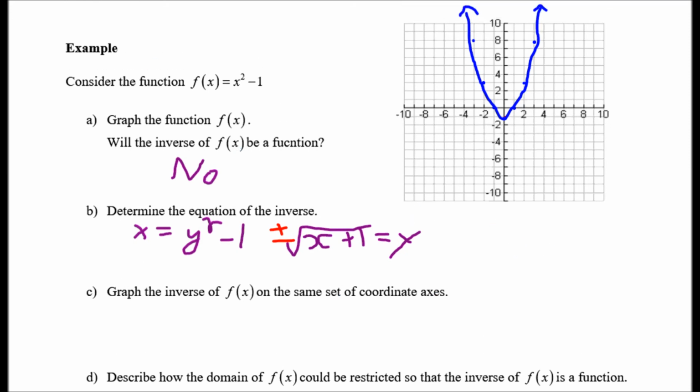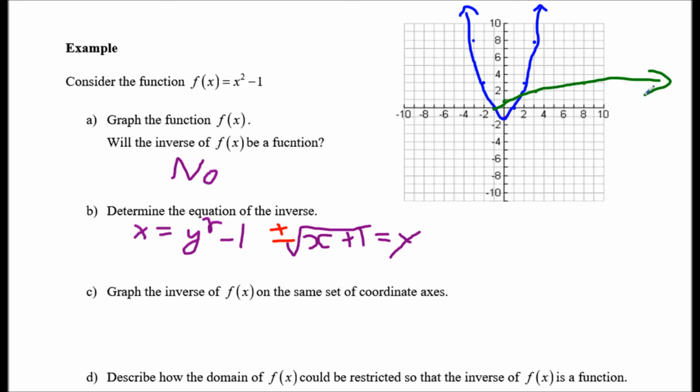All I'm going to do, and I'll do this thing in green, I'm going to take every single point and swap it. 0, negative 1 will become negative 1, comma 0. 1, 0 will become 0, 1. 2, 3 will become 3, 2. 3, 8 will become 8, 3. So I now have this right here.